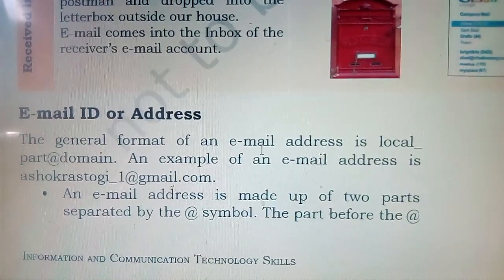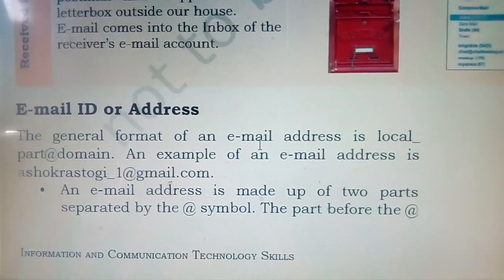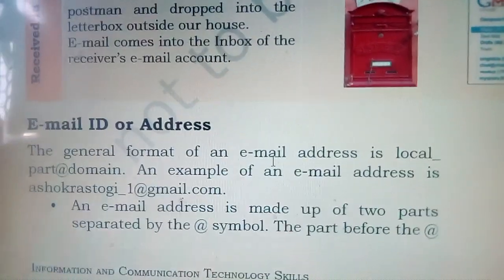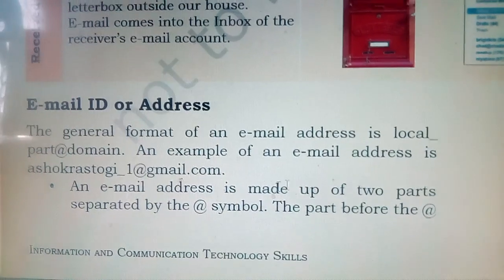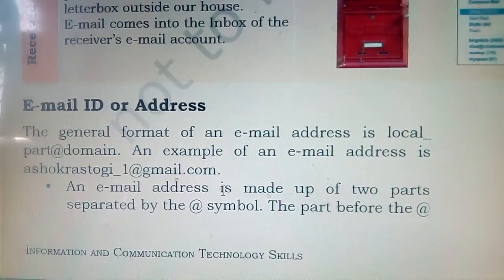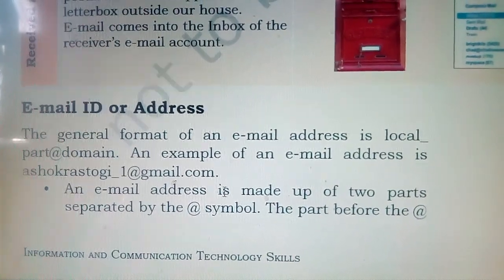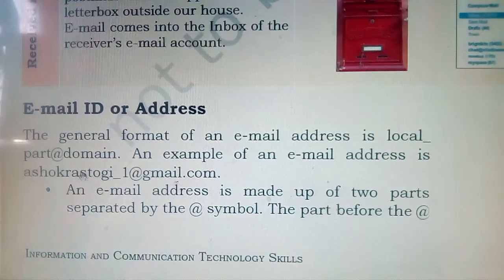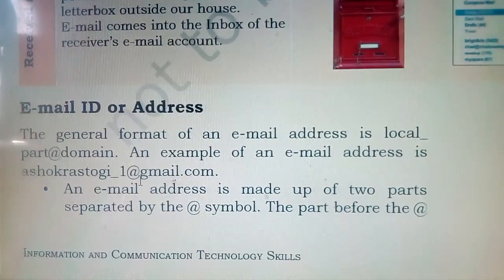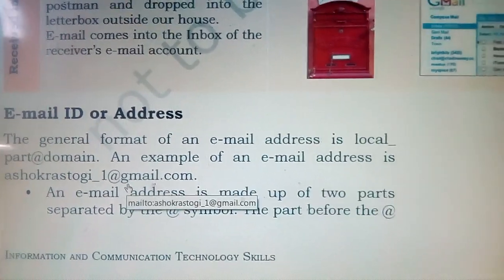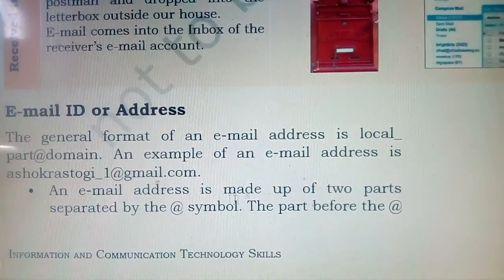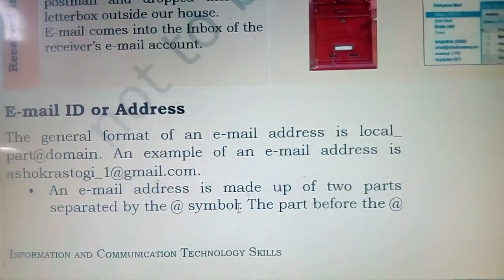Here @ separates the local part of an email address from its server. This gmail.com is the domain name, and this Ashok Rastogi _1 is the username. Is it clear? An email address is made up of two parts separated by the @ symbol.